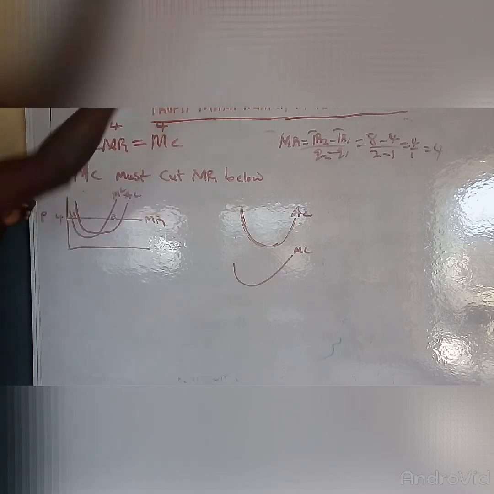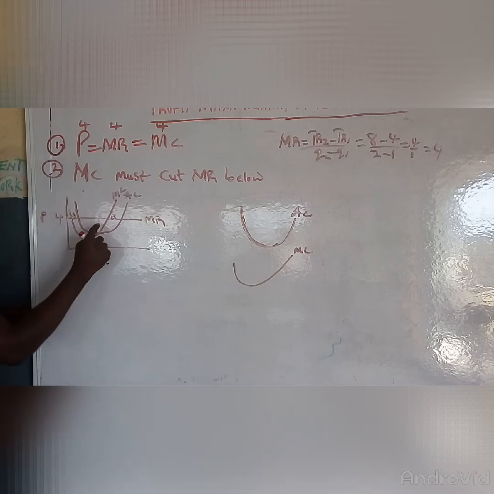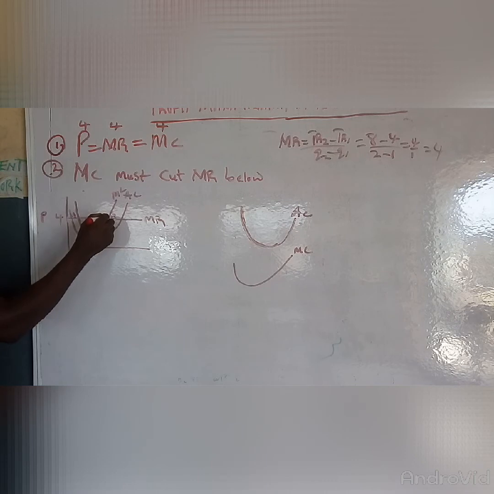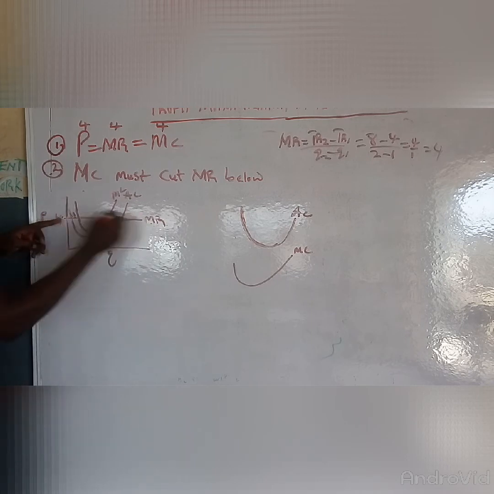MC must cut MR below. If you look at A, MC is coming like this, and it cuts MR above. You can see it. Now, let's check the second one. Then you can see that MC cuts MR below. So this is our maximizing point. You trace it downward. Any quantity here, that is the maximizing quantity. Now, having gotten this, we've established that at 4, MR is price.